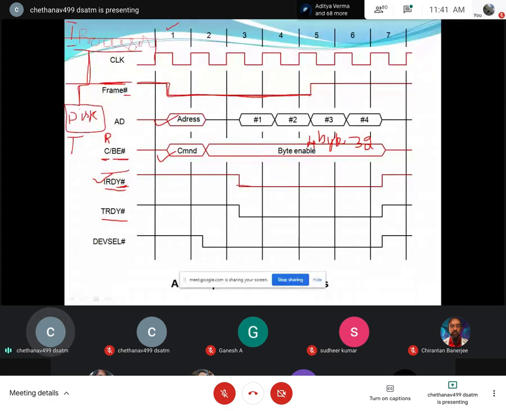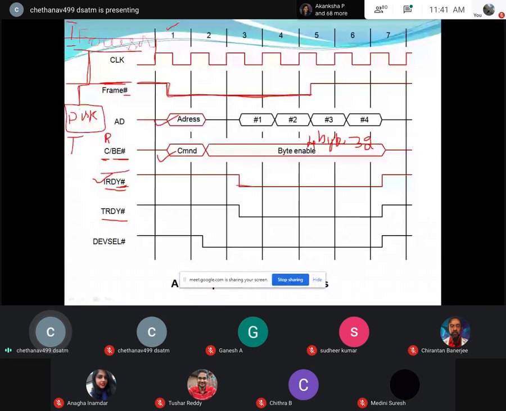Simultaneously you have logged in via the Google Meet link and you tell me, okay ma'am, we are also ready. That is initiator ready, the faculty, and target ready, the students. Like that, we get initiator ready and target ready.